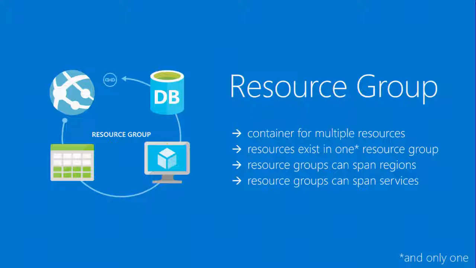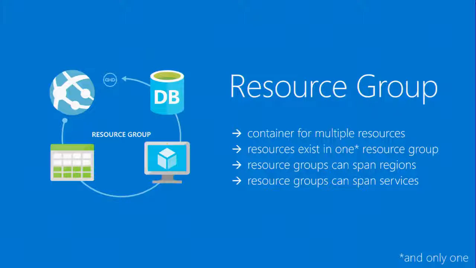Okay, so a few grounding principles: a component of your solution needs to only ever reside in a single resource group, okay? Of course, you can have your solution spanning across multiple resource groups. We are going to talk about that topology in just a few minutes, but remember that grounding principle, it is really important.